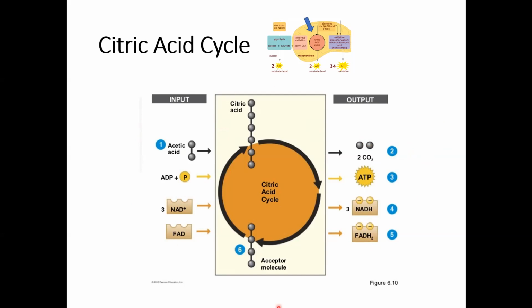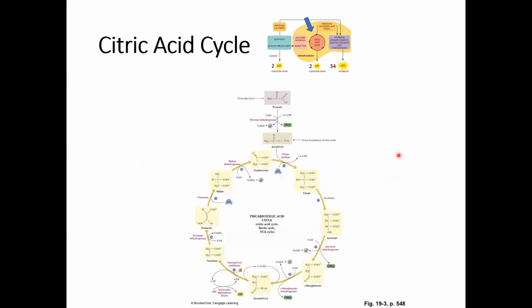Remember, there's 2 of these occurring because we have 2 pyruvates that were able to undergo pyruvate oxidation to become acetyl-CoA. So 2 of these cycles are actually occurring, so double of these outputs are produced. And this is the complicated version of citric acid cycle. The citric acid cycle can also be referred to as the Krebs cycle or the TCA cycle.